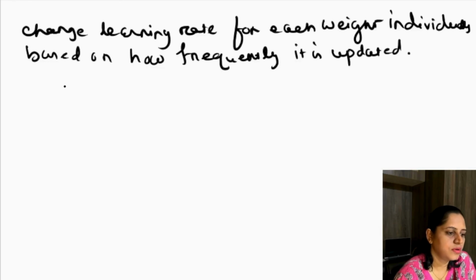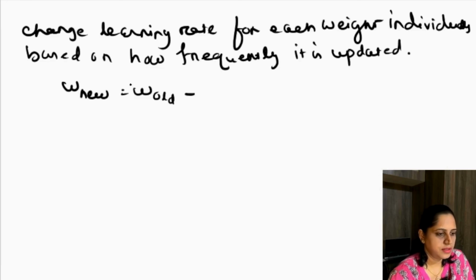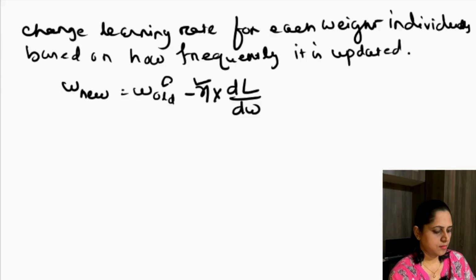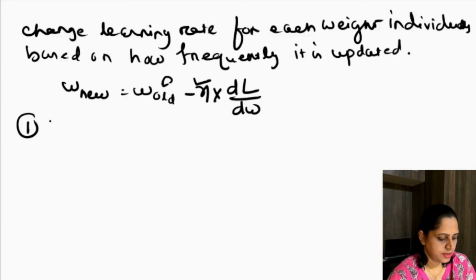So we know W new equals W old minus delta into dL by dW. We know this, right? So each time, this learning rate is going to be changed based on your weight. That's what I am saying: with the adaptive learning rate, this is going to happen. So we have various types of adaptive learning rates. One is your Adagrad.